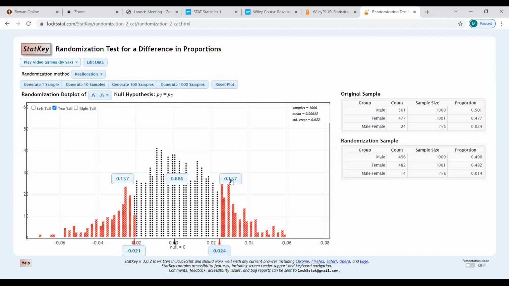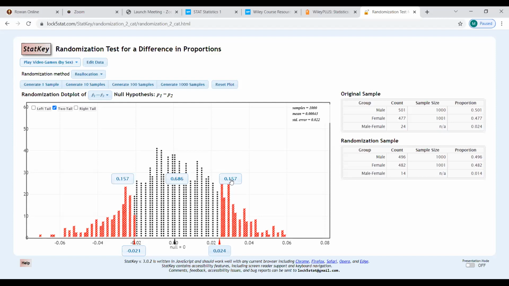Now, that is a pretty high p-value. So most likely, this particular difference of proportions of 0.024 is probably not far enough away from the null hypothesis value 0 to conclude that 0 is not true.